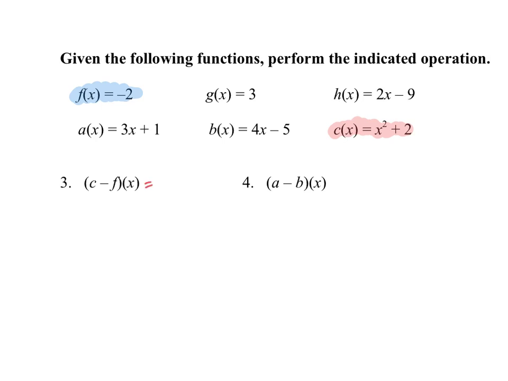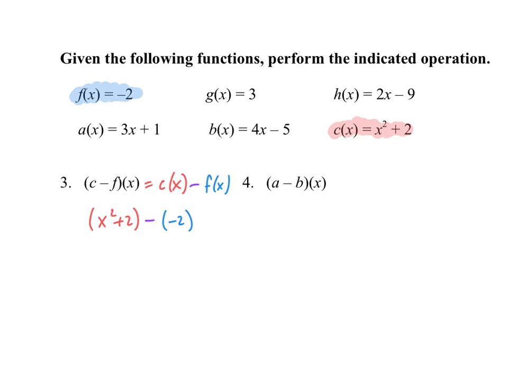That means I'm going to take c of x and I'm going to subtract f of x. And c of x being x squared plus 2. And I want to subtract f, which is negative 2.